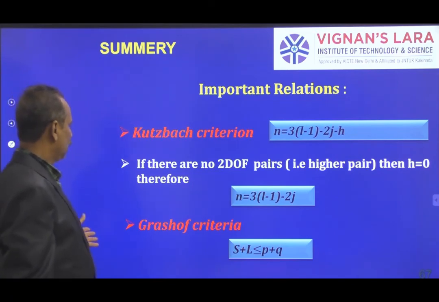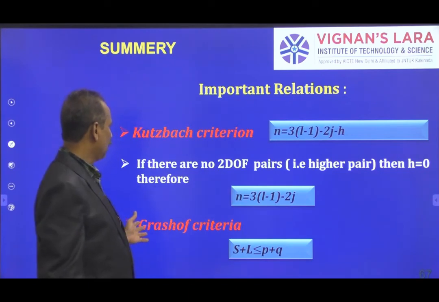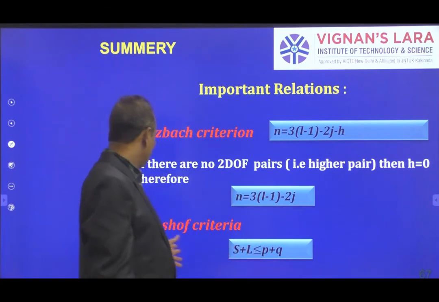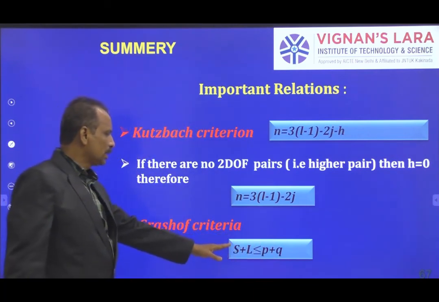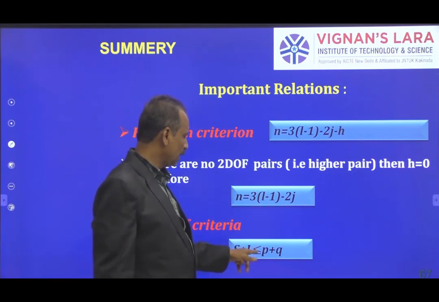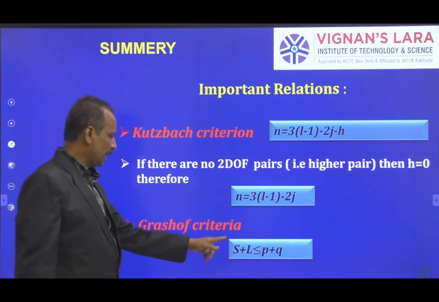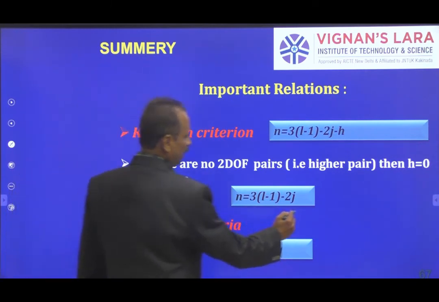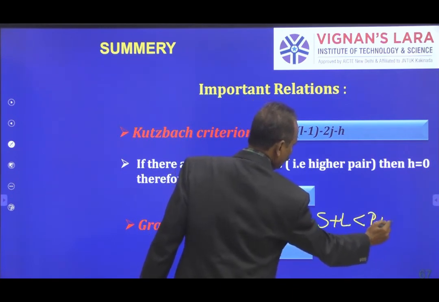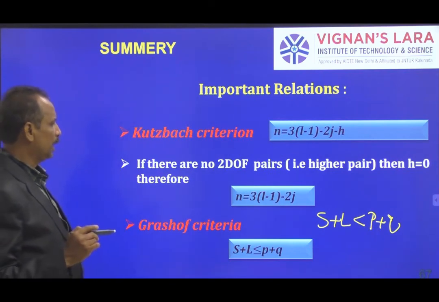Then the Grashof criterion, another one, which is S + L < P + Q. This is the basic equation. When S + L is less than P + Q, we call it the Grashof type of mechanism.